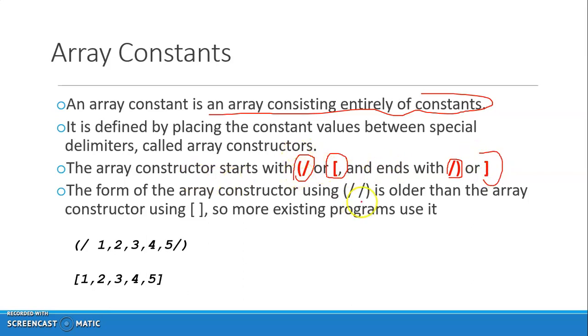The first one is the older version, and it is mostly available in existing programs from previous generations. The legacy systems will mostly have this syntax, unlike the square brackets.